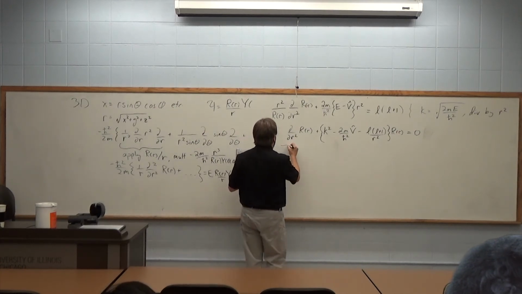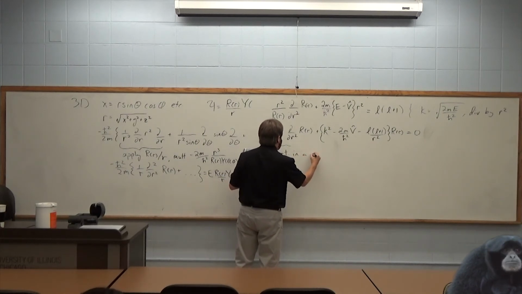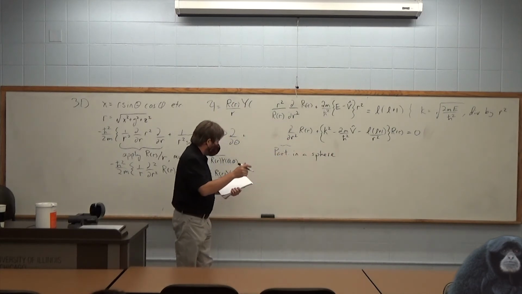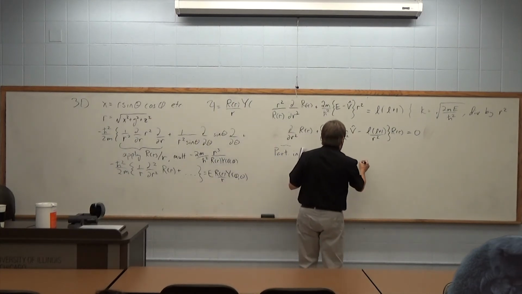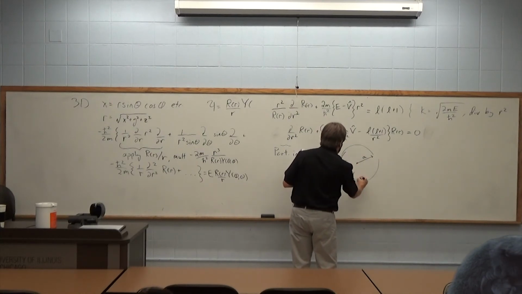Okay, now, particle in a sphere. I kind of screwed up earlier when I said we'll just get rid of the potential. If the radius is equal to a, I'll try to 3D it a little bit.